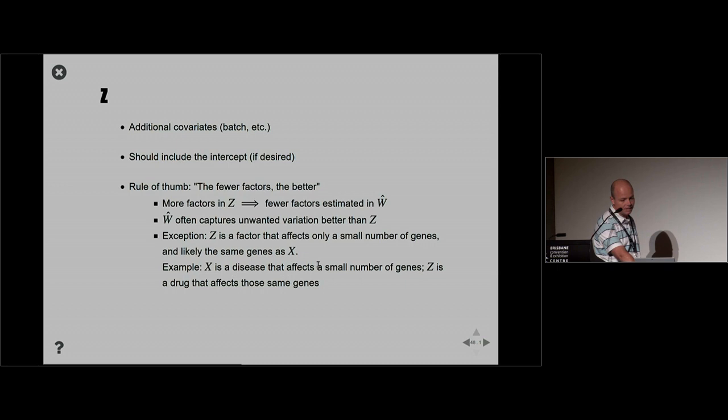So X is the disease state, and suppose that the disease affects only a small number of genes, and then say also that you have some information on who is taking a drug that also affects this small subset of genes. Okay? In that case, it probably would be good to include the information that you have on who is taking the drug. The reason being that since that factor affects only a small number of genes, it very likely won't get picked up in the factor analysis, but it is something that you very much want to adjust for.